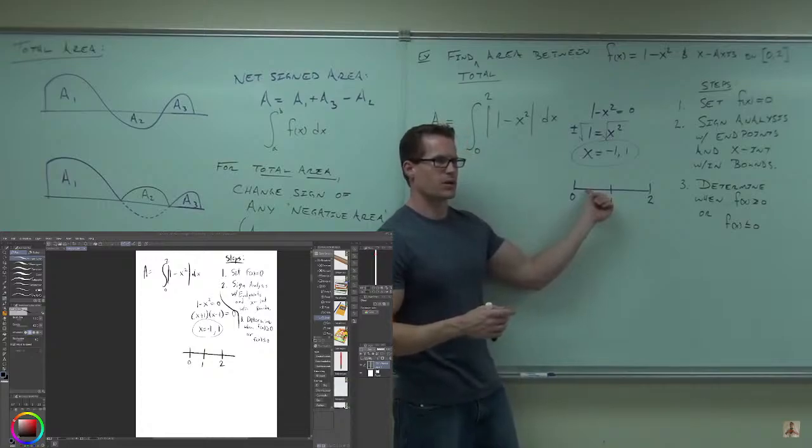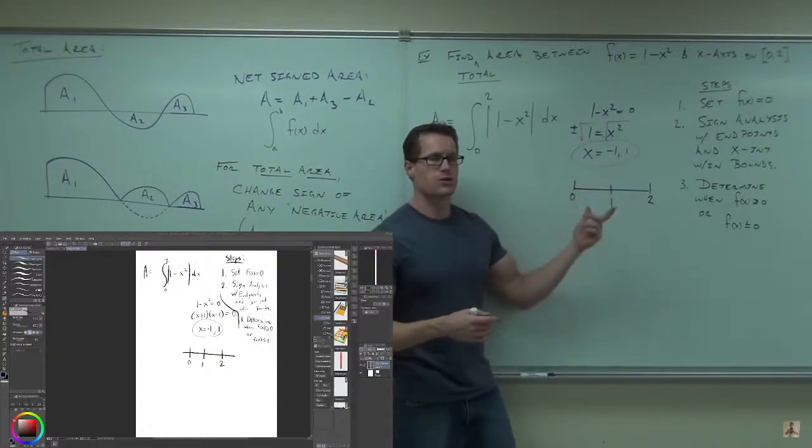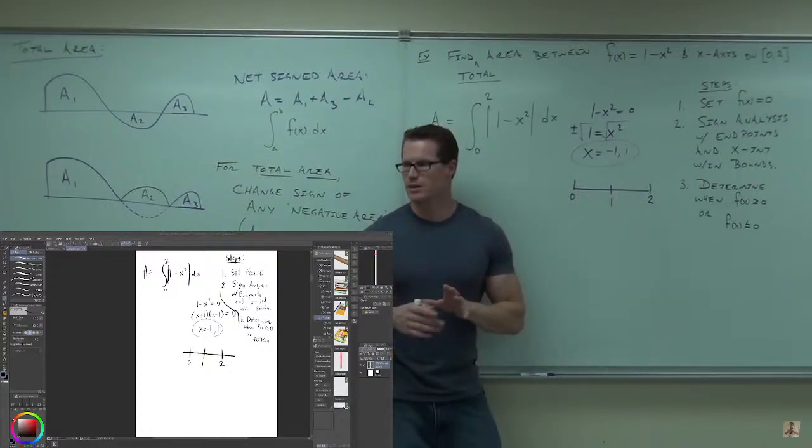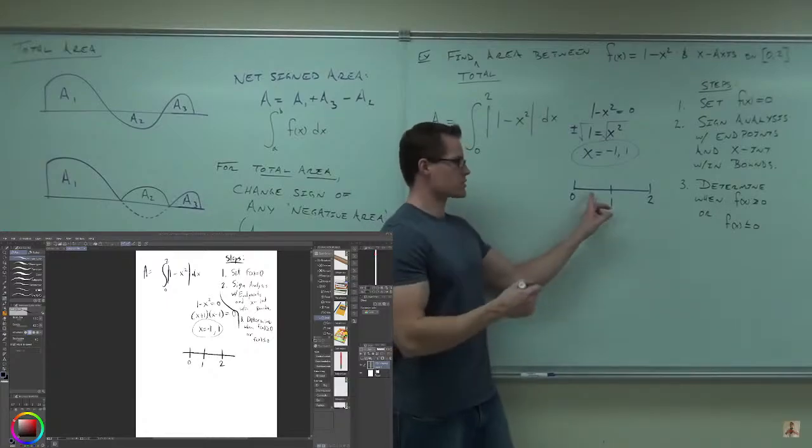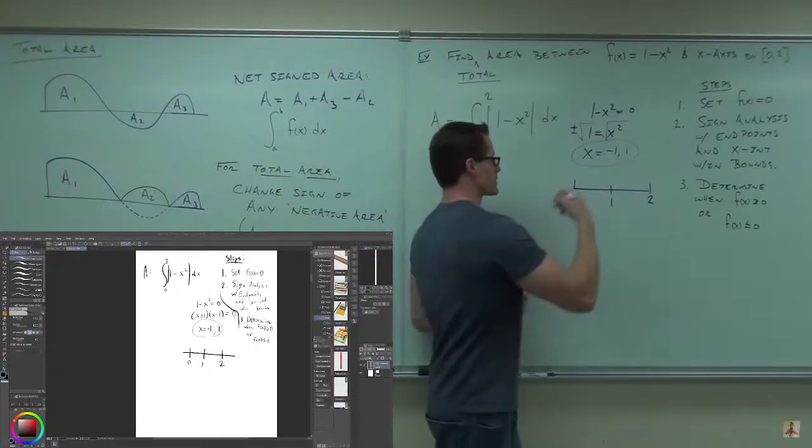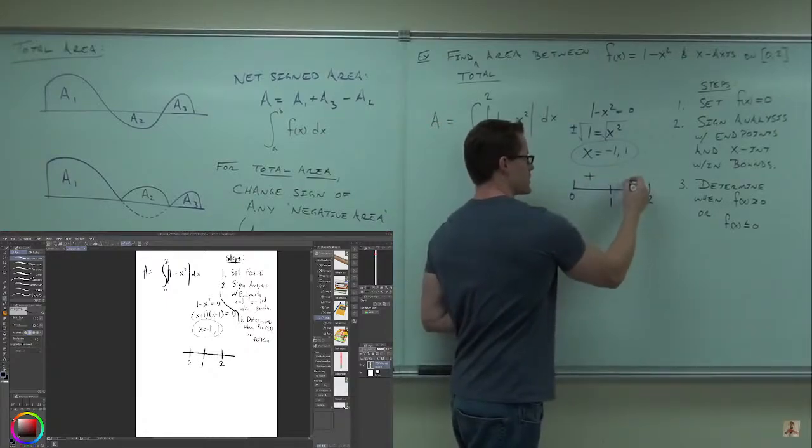Or less than 0, below the x-axis. Have you done it already? You plug in probably 1/2. Where are we plugging this in, by the way? To our original function. Yeah, plug in the function. It's going to tell you, I don't care about the number, I care about the sign of the number. Which one's 1/2? Positive. Okay, so this is positive and this one's negative?